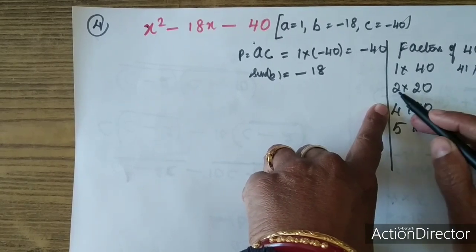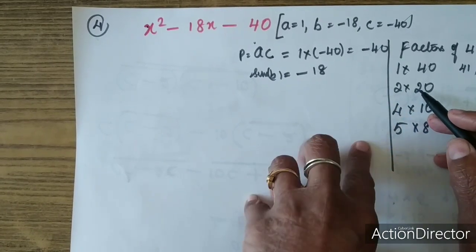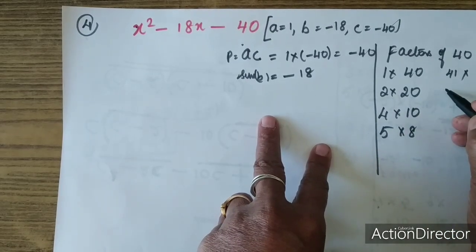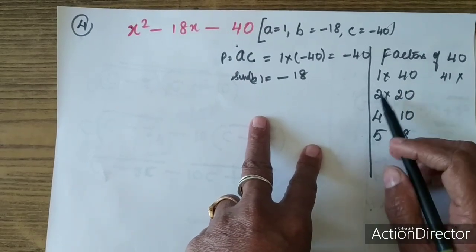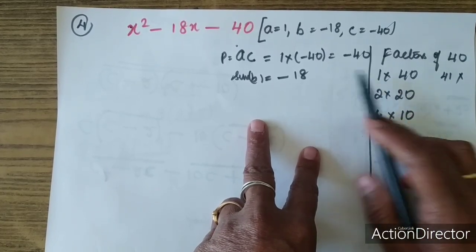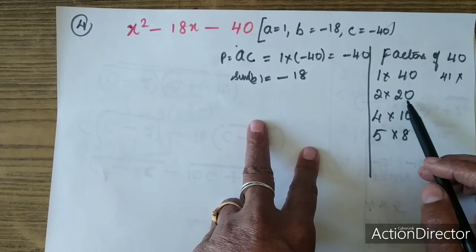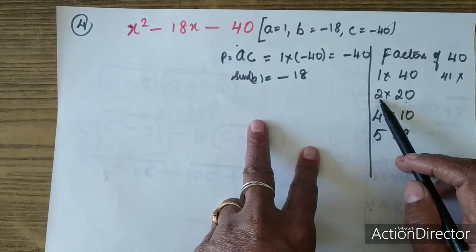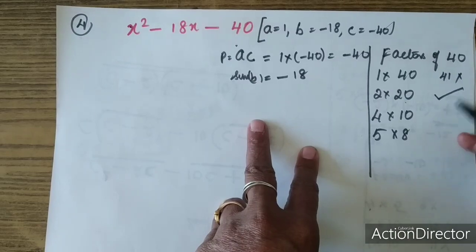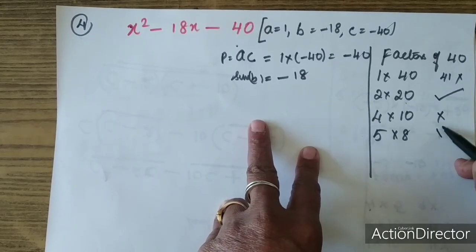Wrong. Since I need minus 40, both the sum and the difference you have to check. 40 plus 1 is 41. 40 minus 1 is 39. I am not getting the answer. 20 plus 2 is 22, but 20 minus 2 is 18. So I will choose this factor. Other factors are ruled out.